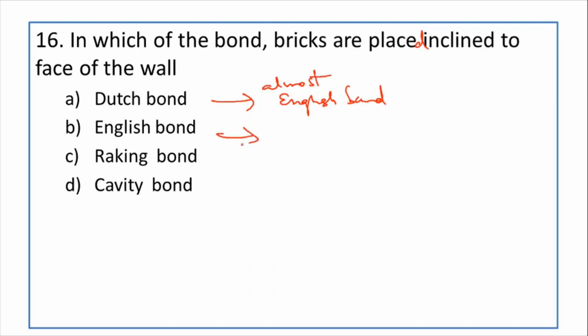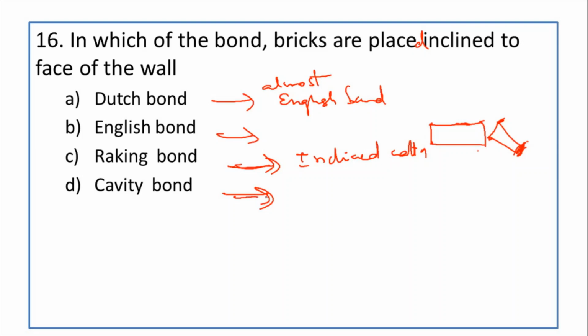And again, if you take English bond, we will not place the bricks inclined to the face of the wall. But if you take the raking bond, what we do is, suppose if you see the elevation of the wall like this, then we will place the bricks inclinedly like this. Because of placing the bricks inclinedly, the bond between the bricks will be developed. So in the raking bond, bricks are placed in the inclined manner.